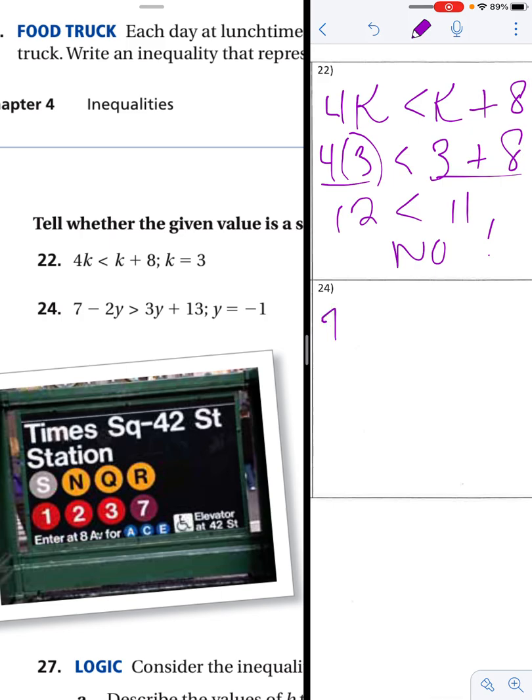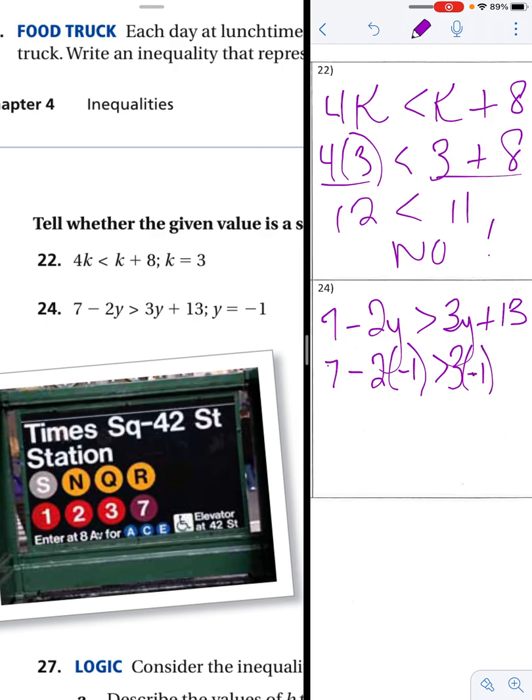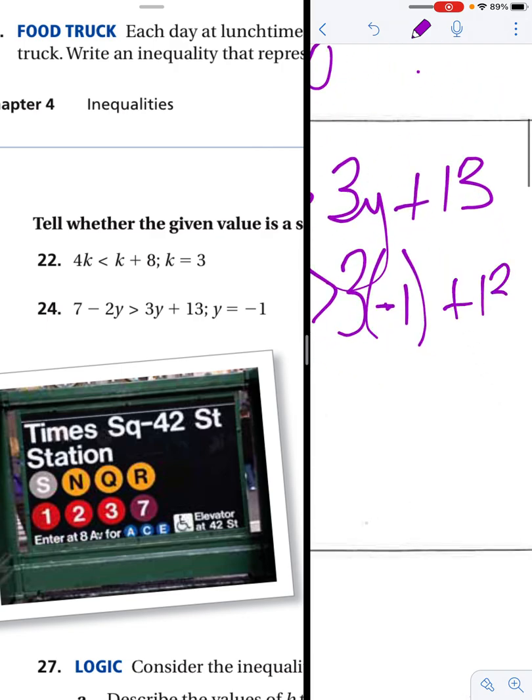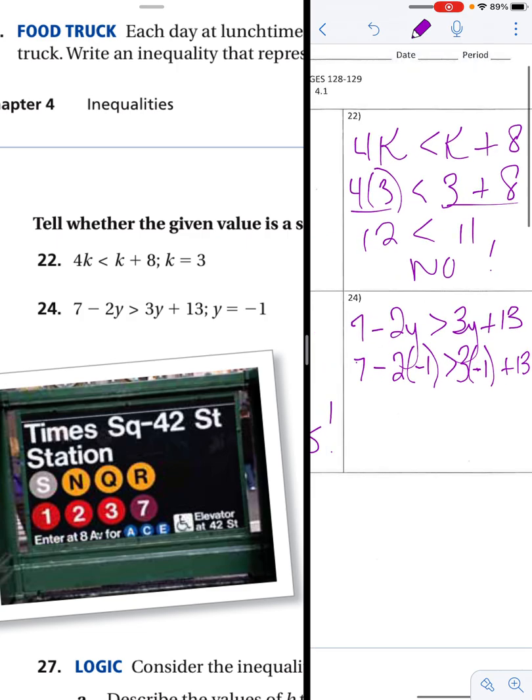Number 24. 7 minus 2y is greater than 3y plus 13 when y is negative 1. 7 minus 2 times negative 1 is greater than 3 times negative 1 plus 13.